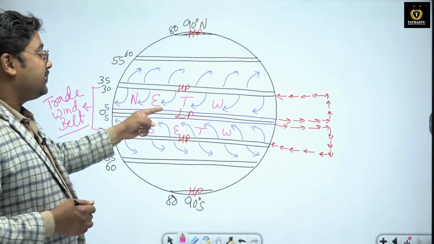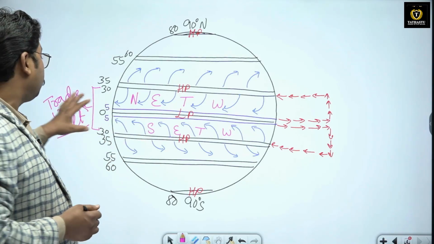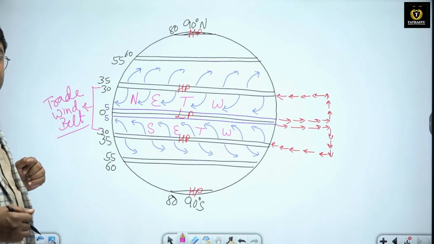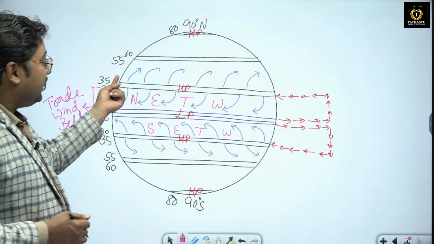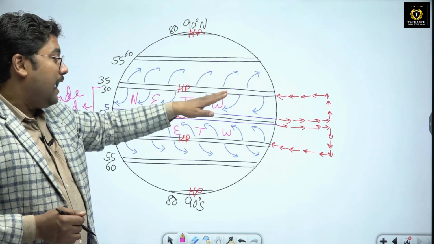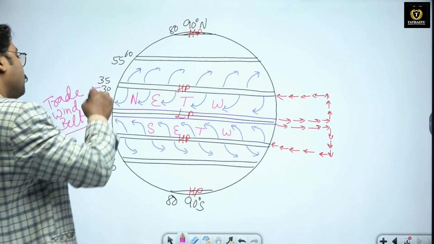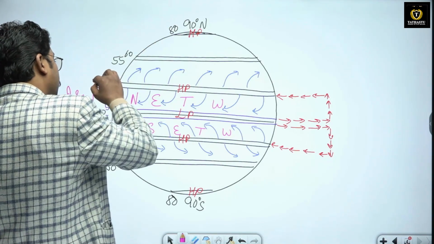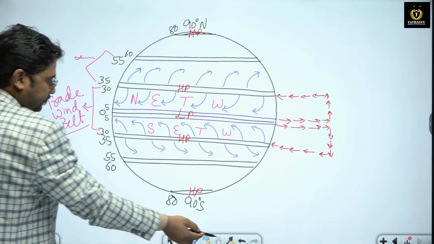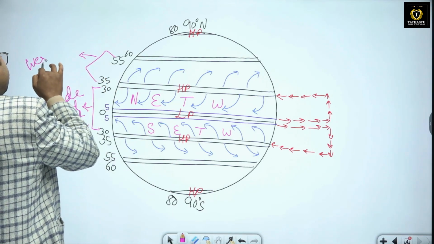Northeast direction northeast, southeast direction southeast. So we got one wind belt also, the collective trade wind belt. This direction is from west, because the Coriolis force application will be more, and instead of 45 degree, there is more than 45 degree deflection. So the winds which move from west are known as westerlies.